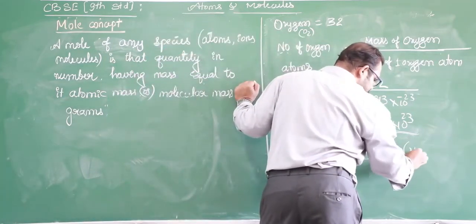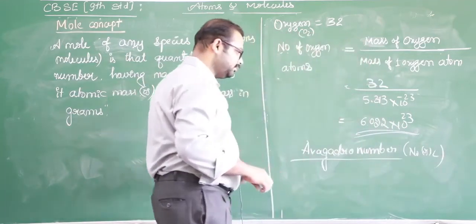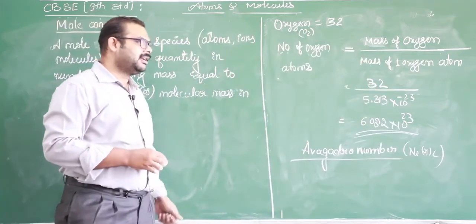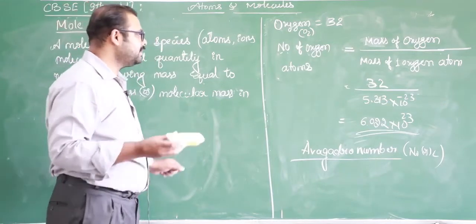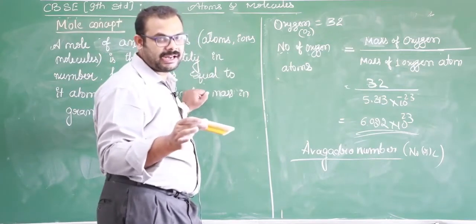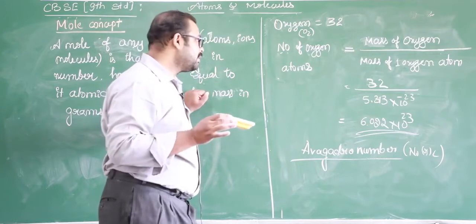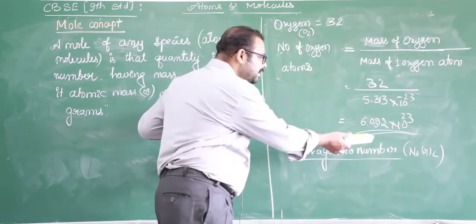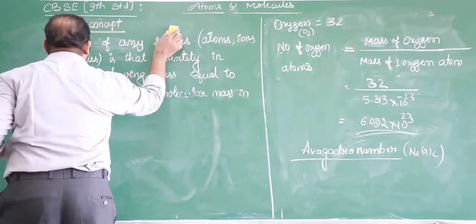It is represented as N0 or L. To express this Avogadro number, the mass of an element should be expressed in grams, either gram atomic mass or gram molecular mass. A gram atomic mass contains this Avogadro number of particles. Let's see that.